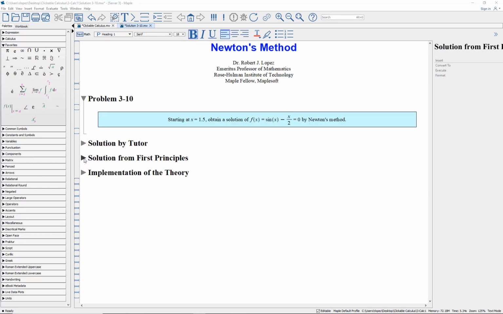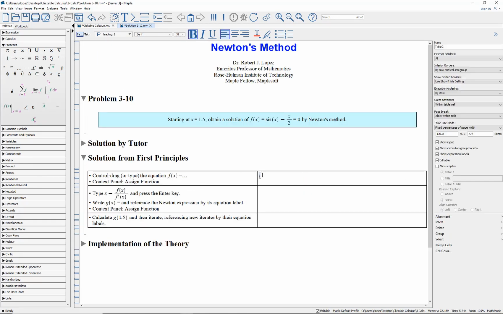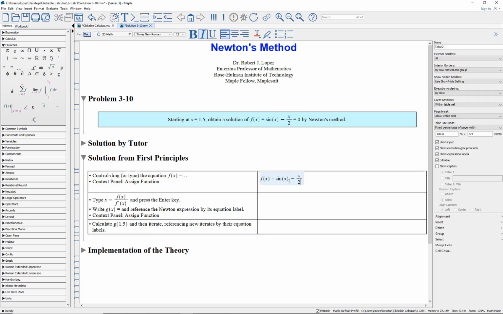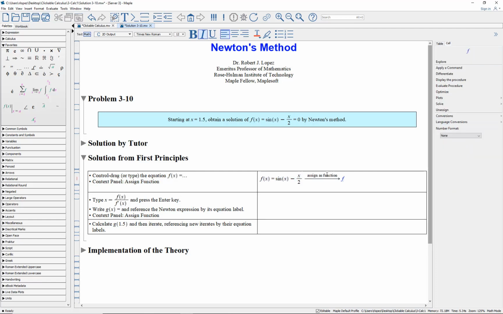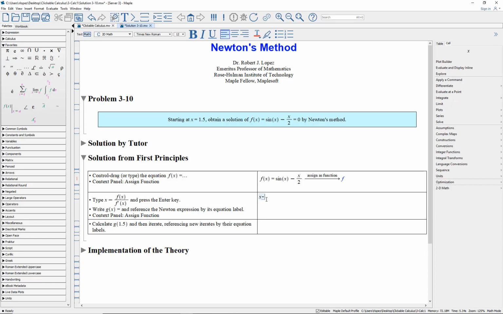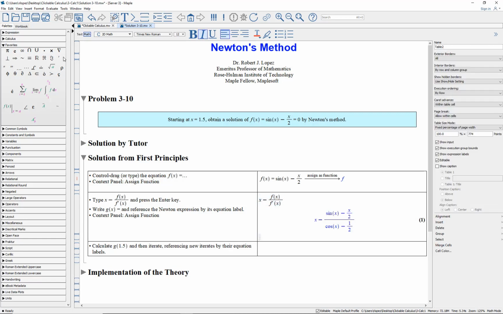From first principles, we want to write x minus f over f prime and see what happens. So we begin by defining this function, a sine function. Then we want to write x minus f of x over f prime of x. What does that look like?